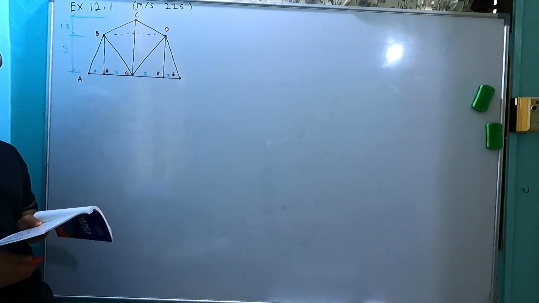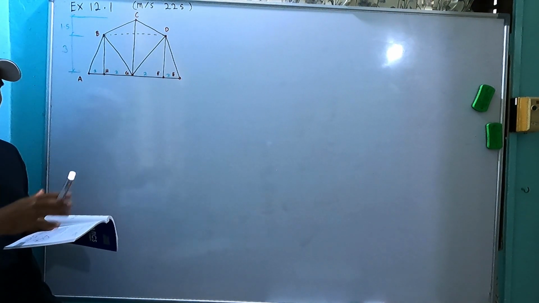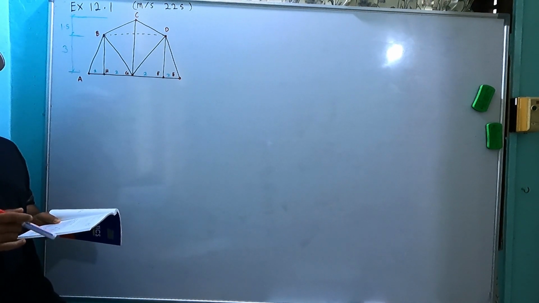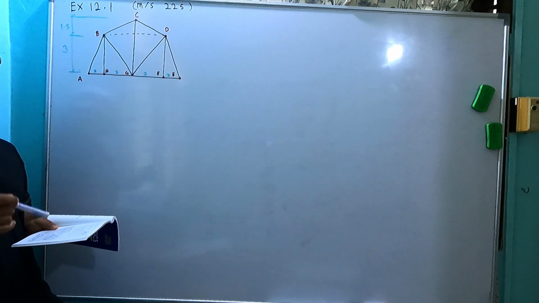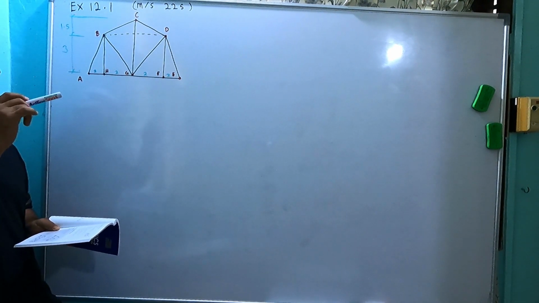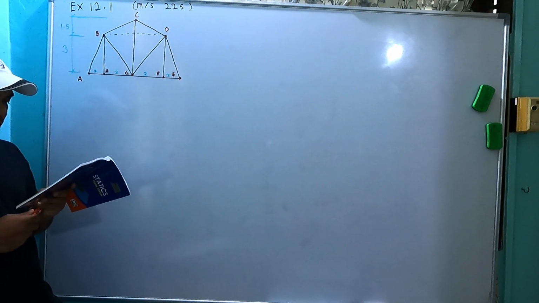So that's normally the question. They want you to determine the force in some component, and also you need to determine whether it is in tension or in compression. So in your answer, you have to write that right at the end: what is the value, and in tension or in compression.